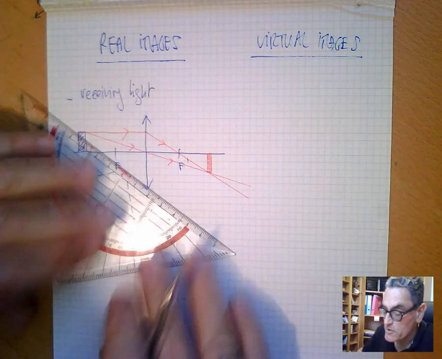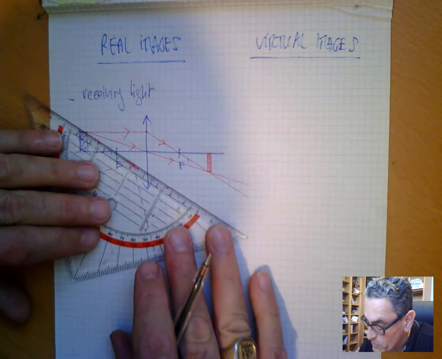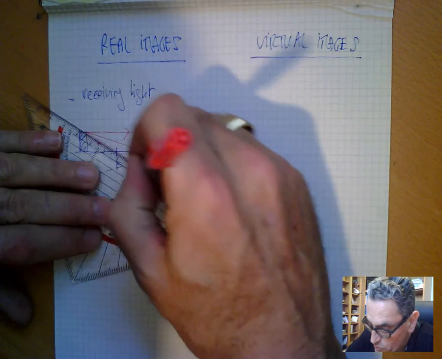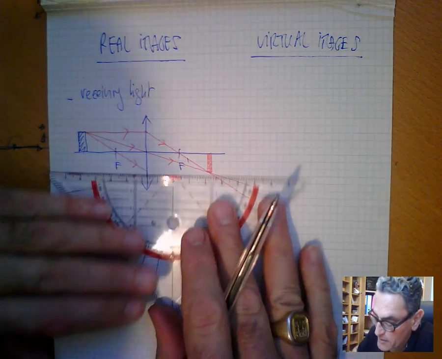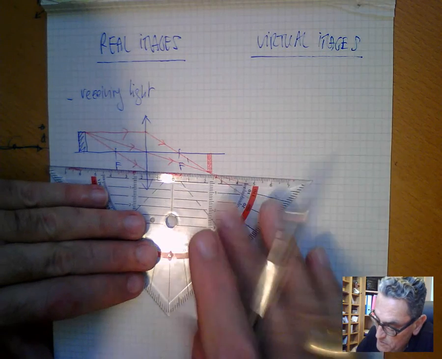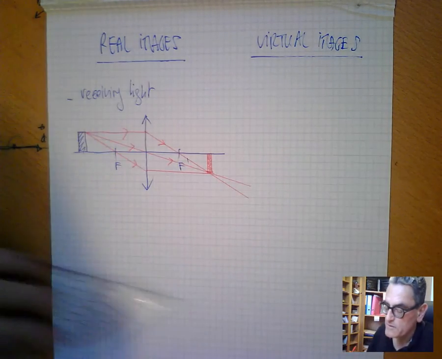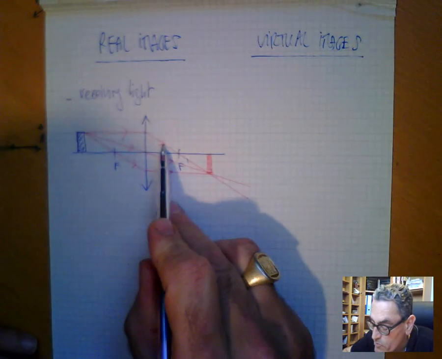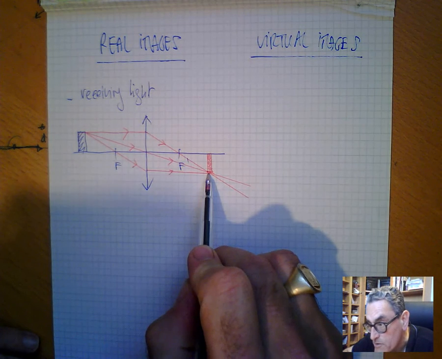I can even draw, if you want, the three remarkable rays. I can also draw the one which passes through the focal point and then continues parallel to the optical axis. You see now, these three rays are bringing light to this point.